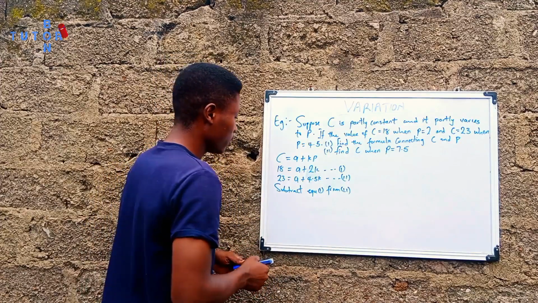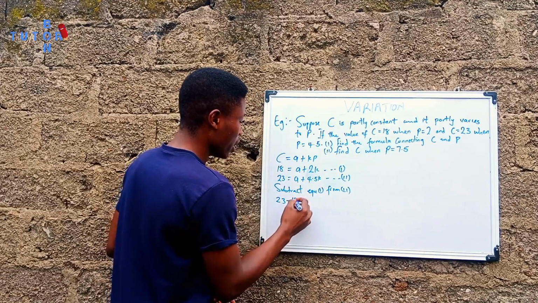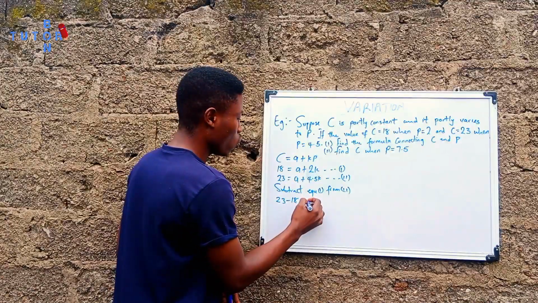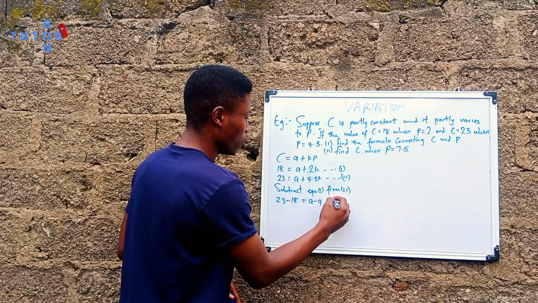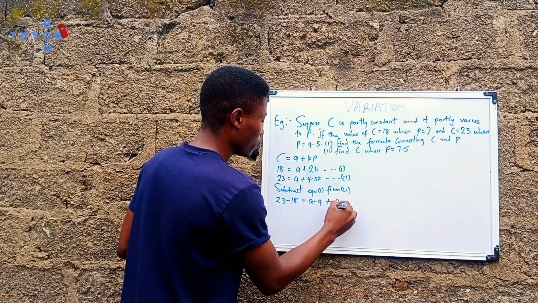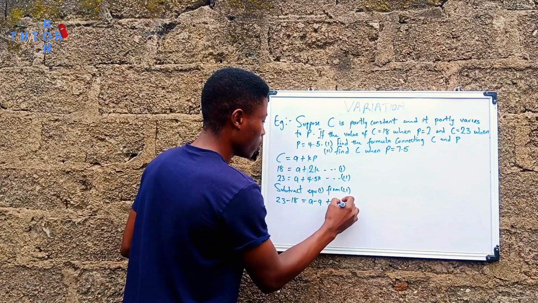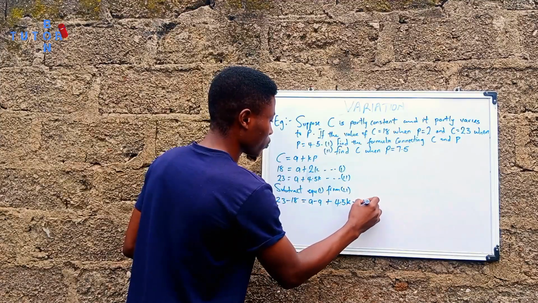So this will give you 23 minus 18 equals A minus A plus 4.5K minus 2K.